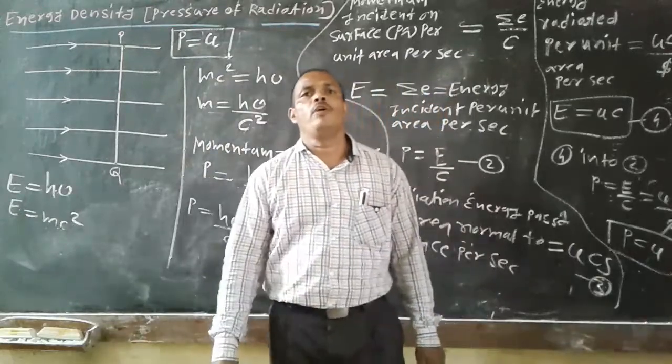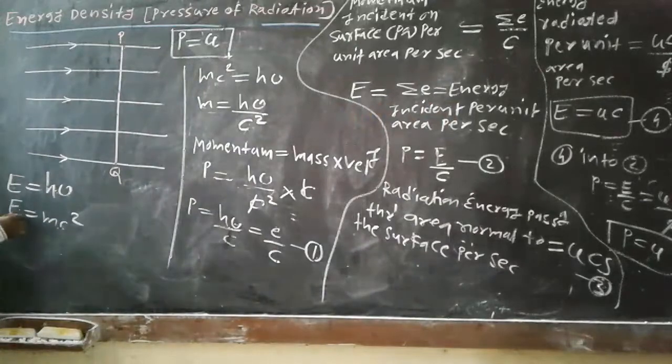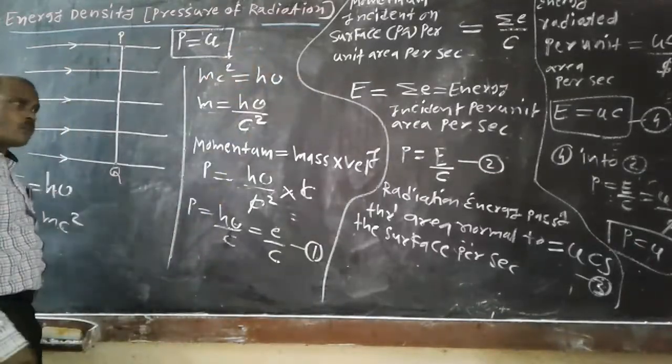Equate both the equations, we get mc square equal to h nu.